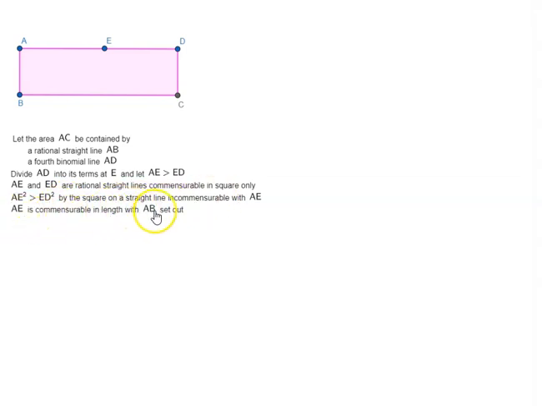AE is commensurable in length with AB set out. And now we bisect ED at F, and apply to AE a parallelogram AG by GE equal to the square on EF. Let's find a point G between A and E such that AG by GE is equal to EF square.